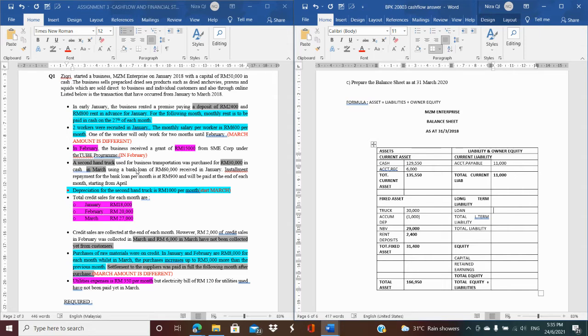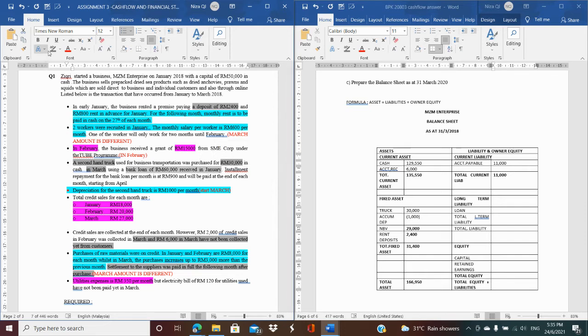Okay, so the bank loan was received in January. Because you have a long time to pay for this loan and the installment has not started yet, it will be paid in April, so you will have to put it under long-term liability.